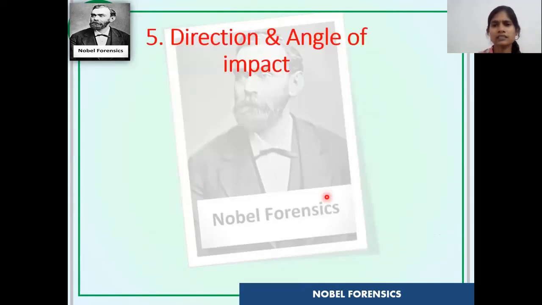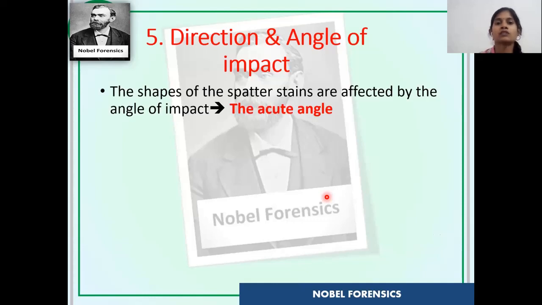Then coming to the direction and angle of impact, which has major importance in forensic cases. I mean, it is about bloodstain pattern analysis. In bloodstain pattern analysis, angle identification is the major thing. The shapes of the spatter stains are affected by the angle of impact. This is called the acute angle.